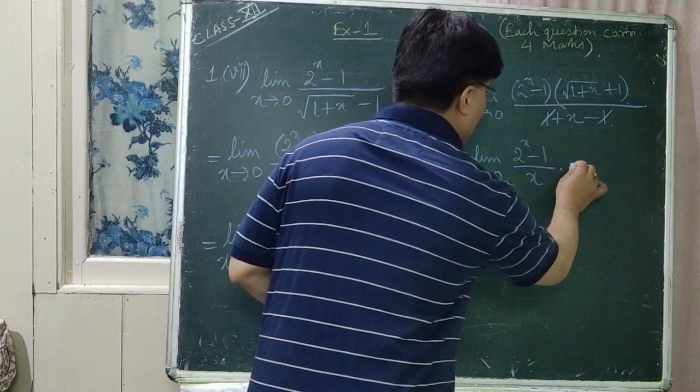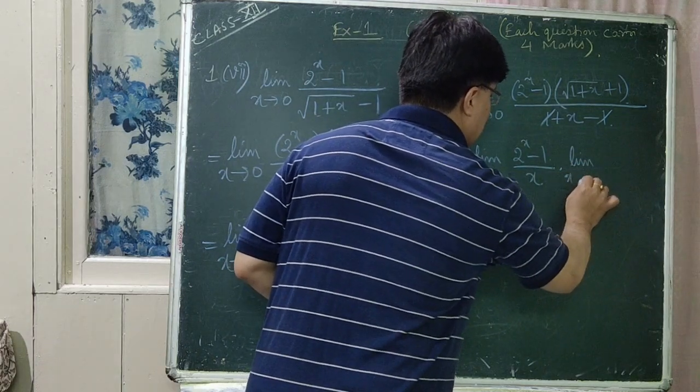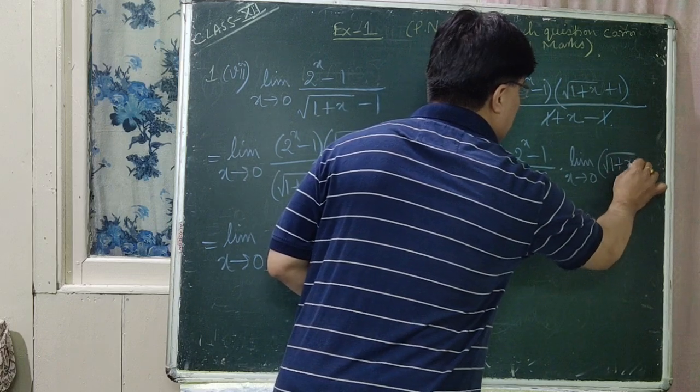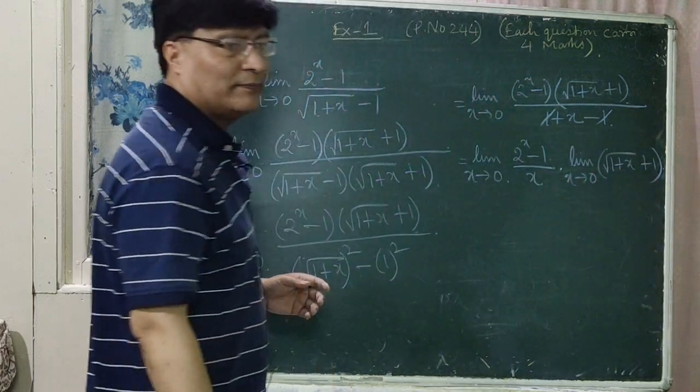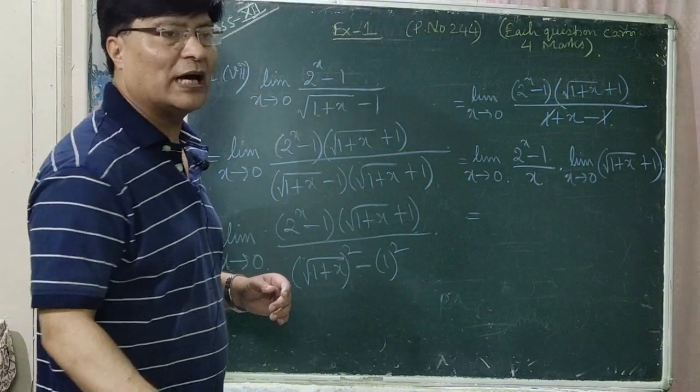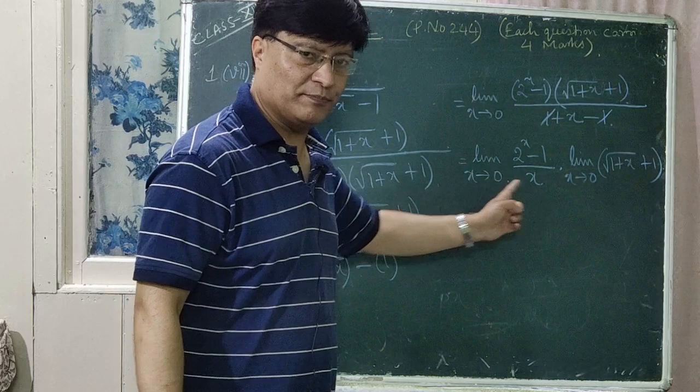Okay, into limit x tends to 0 within bracket root over x plus 1 plus 1. Is that clear?